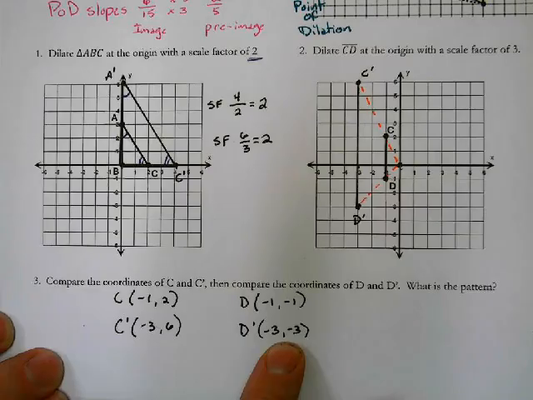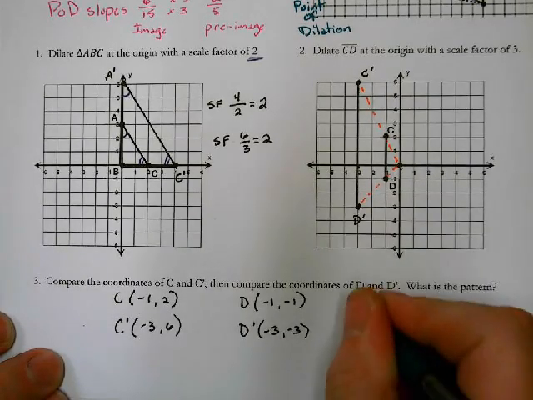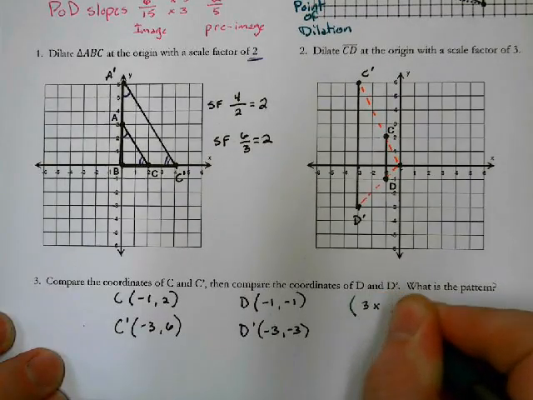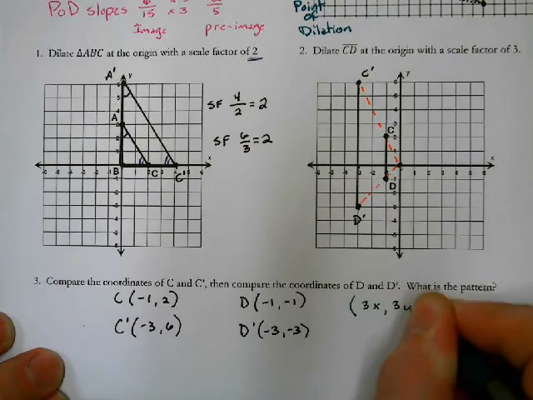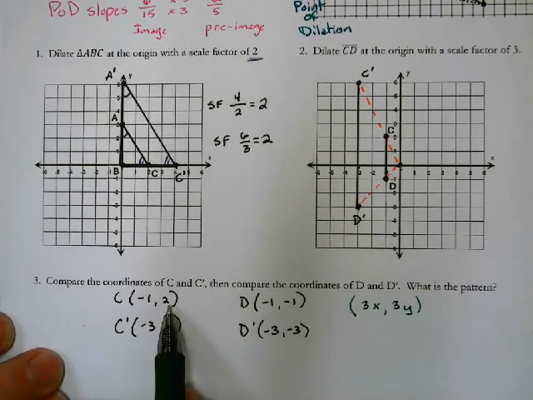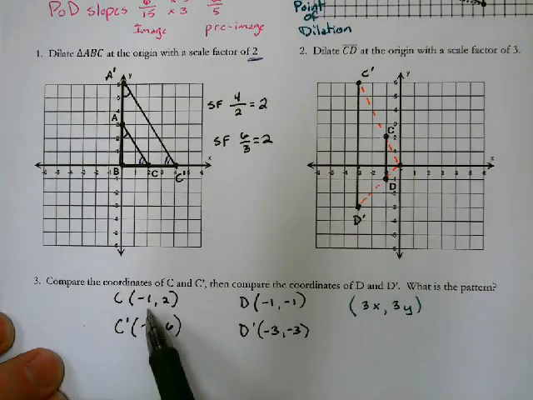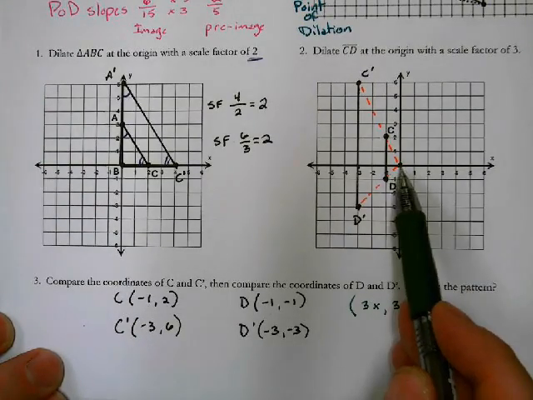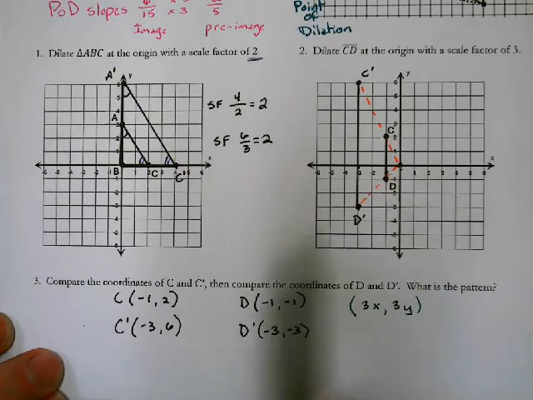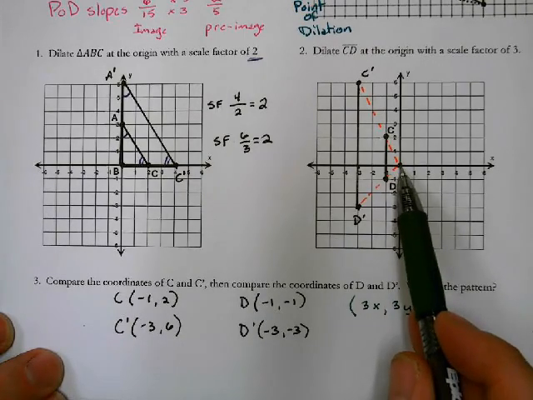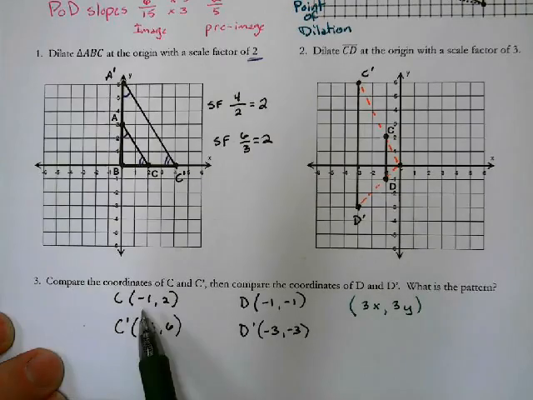Coordinate notation for this, my friends, is 3 times x, 3 times y. Both the x and the y got multiplied by 3 when I tripled, when I had a scale factor of 3. So this only works when you're going from the origin, but if the center of your dilation is at the origin, and you start with -1, 2, and your scale factor is 3, multiply -1 and get -3, multiply 2 and get 6.